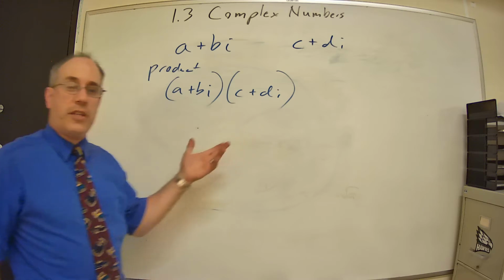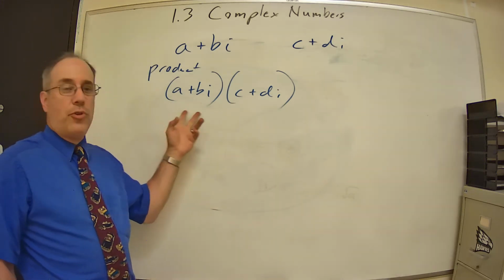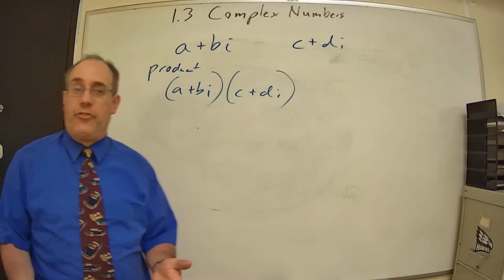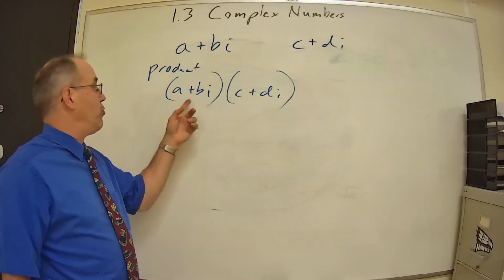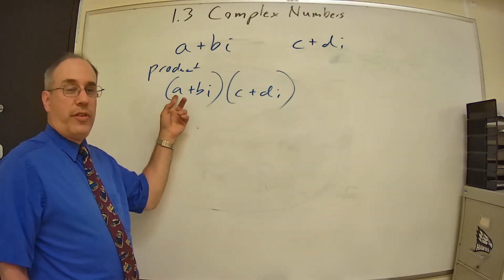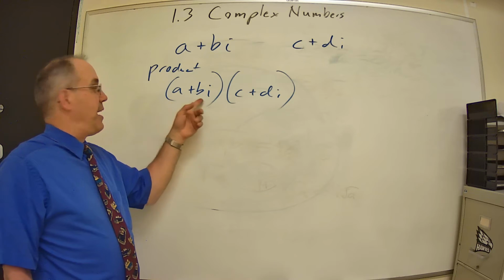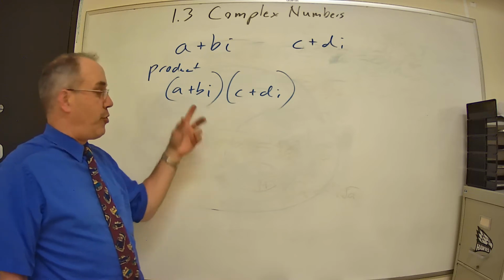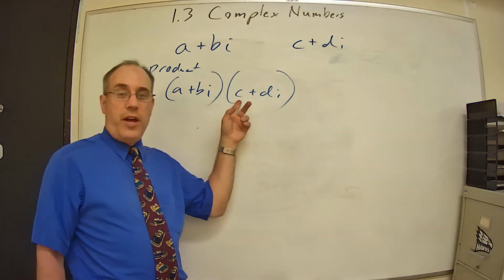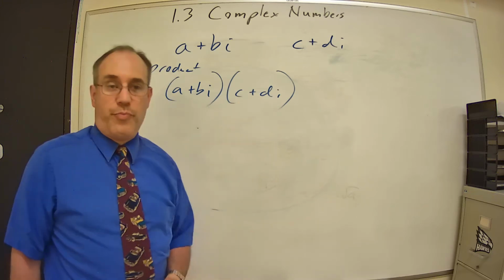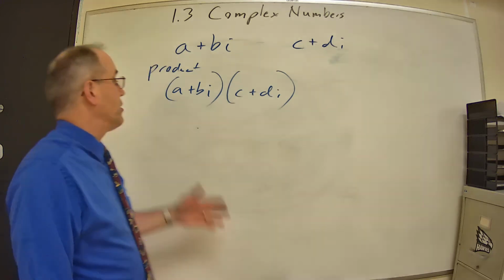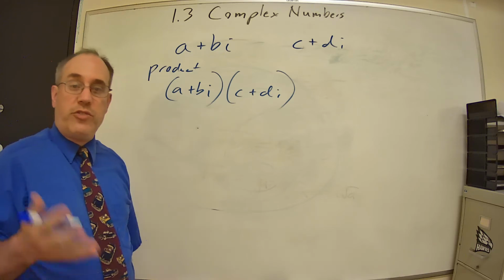Now you should look at this and go, gee, isn't that just a binomial times a binomial? And the answer is yes. You have a binomial with a real term and a purely imaginary term. You have another binomial with a real term and a purely imaginary term. So when we multiply these, we can just FOIL.